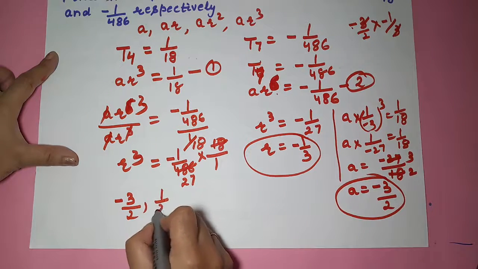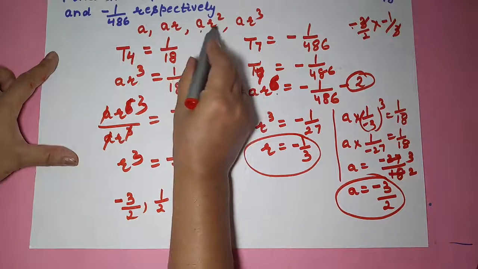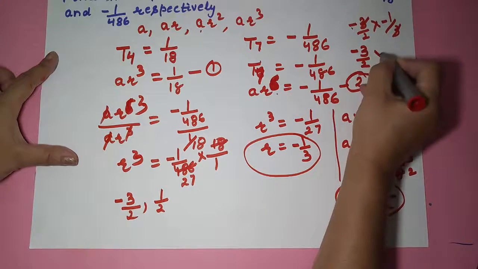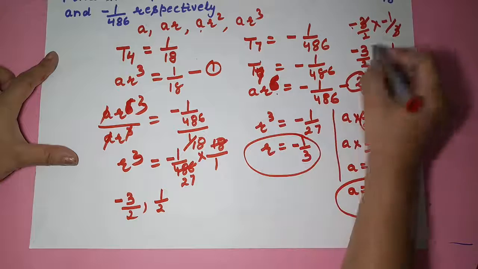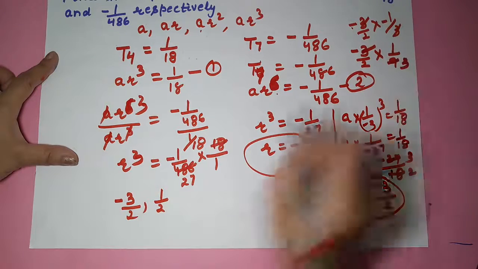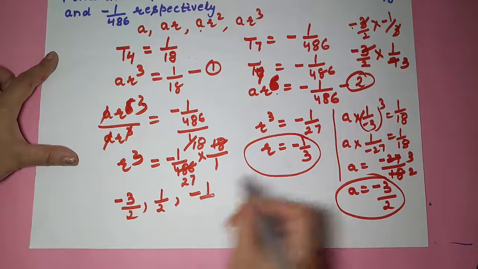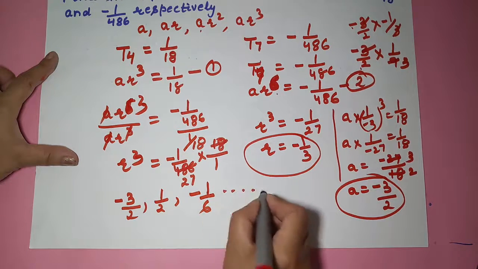Your second term is 1 by 2. Third is AR square. A is minus 3 by 2, R square becomes 1 by 9. 3 threes are 9. Minus will remain, so your third term will be minus 1 by 6. So this is your series.